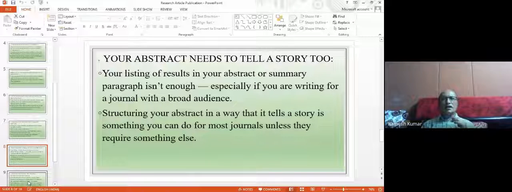And then structuring your abstract in a way that it tells a story is something you can do for most journals unless they require something else. 99% of the journals look at the abstract, and they want you to tell the story, the problem and the solution that you are trying to write in your article. They want to see that in your abstract.